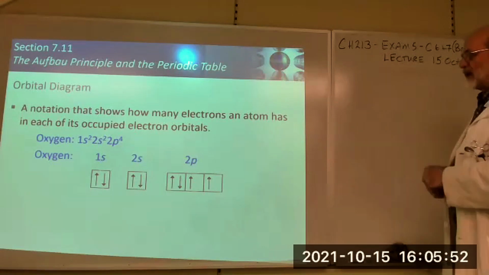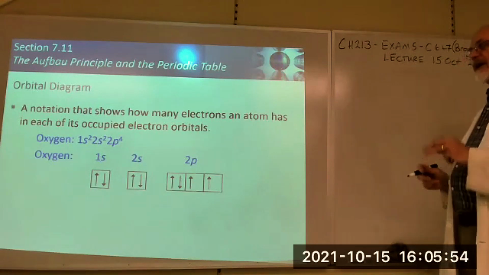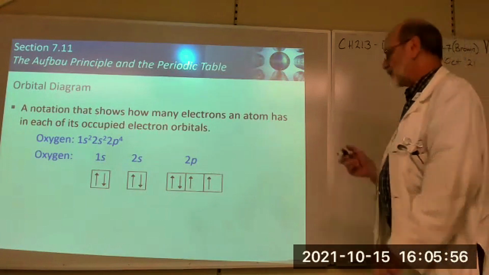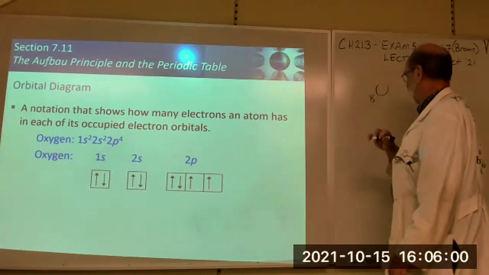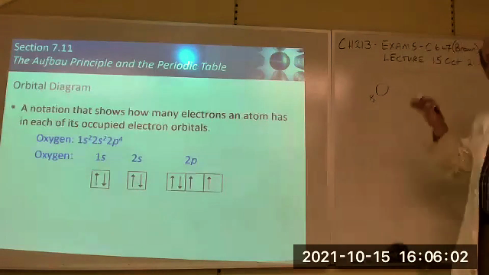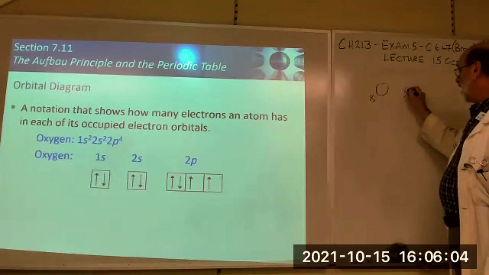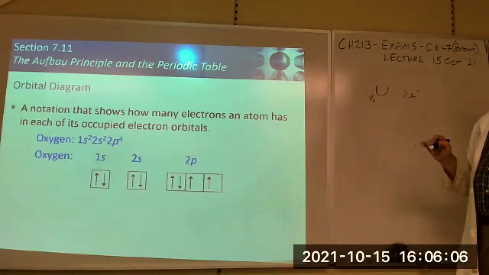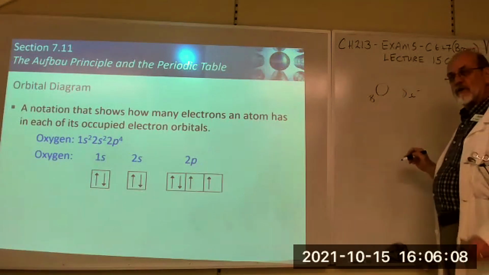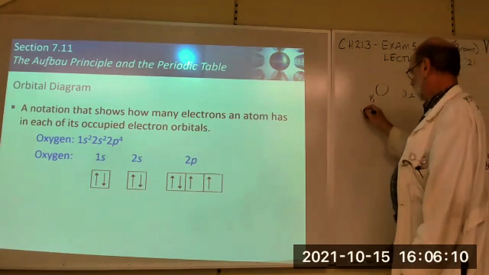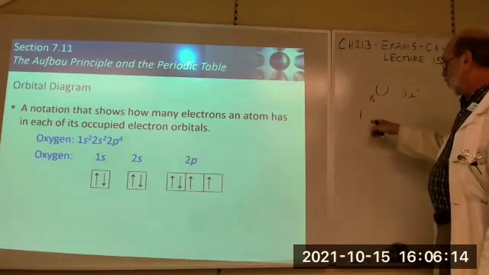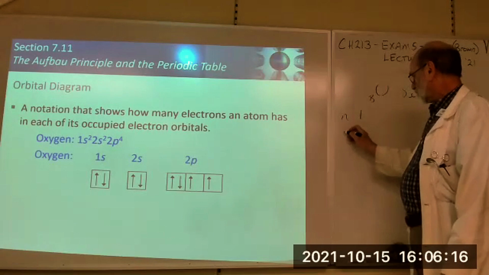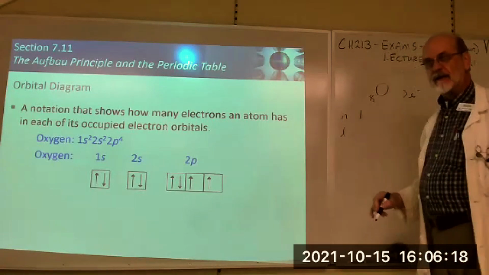Oxygen is our example here. So if we look at oxygen, how many protons does it have? And it's 8, right? 8 protons. So with a neutral atom, you're going to have 8 electrons. Right? And we start off with the lowest possible energy level, 1. And remember, with n equal 1, what can L be?